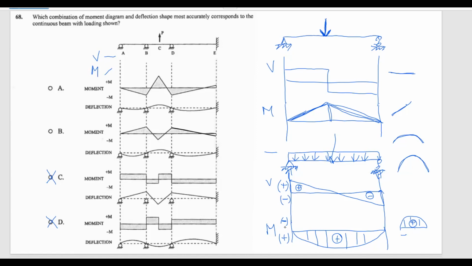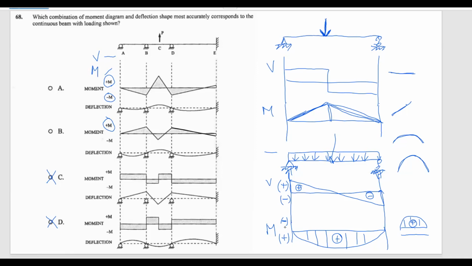So if you keep the moment diagram the other way, in the FE exam, you have to know that the moment is going to be, oh look, they actually are showing here, which I appreciate. They show positive at the top and negative at the bottom, which is wonderful.